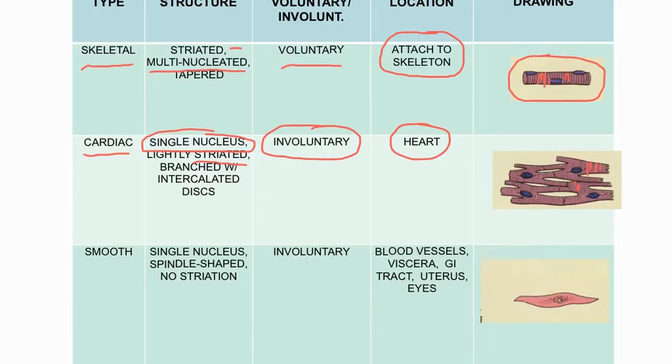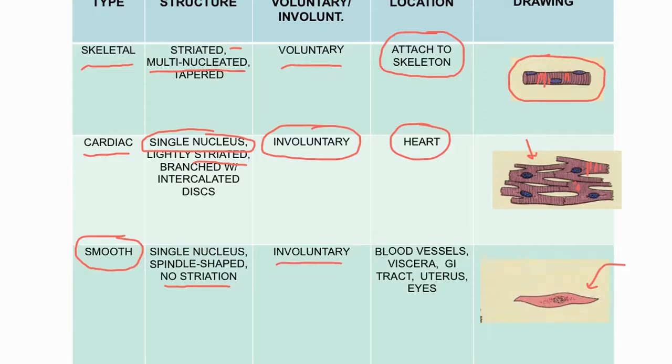And the last type is called smooth muscle. This is probably the one you're least familiar with. Smooth muscle also has a single nucleus, one nucleus per cell. It's got no striation. So in smooth muscle, there are no stripes in these muscle cells like you see in the cardiac or the skeletal muscle. These muscles, like cardiac muscles, are also involuntary. They do their job outside of your conscious thought.